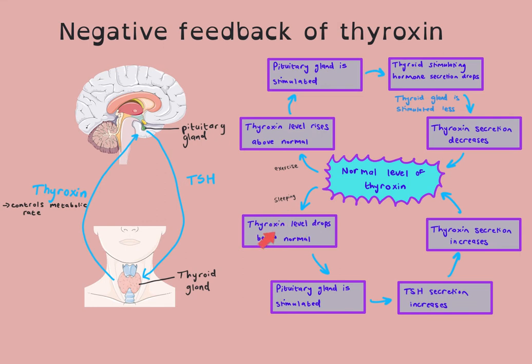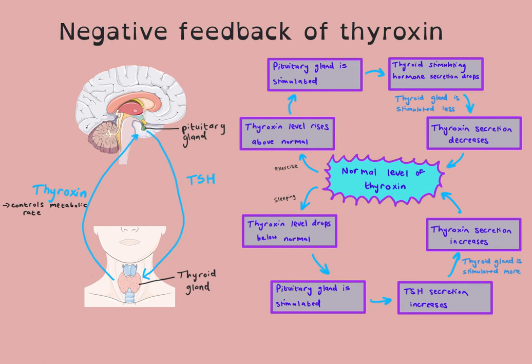The thyroxin level being too low for what your body needs when you're waking up will then stimulate your pituitary gland, which will then increase its secretion of TSH, thyroid stimulating hormone, which then stimulates the thyroid gland more. So the thyroid gland is stimulated more because there's more thyroid stimulating hormone, which will increase your thyroxin secretion, which will then increase your metabolic rate, and your thyroxin level will increase back to normal. So this negative feedback loop is constantly changing based on what your body needs.